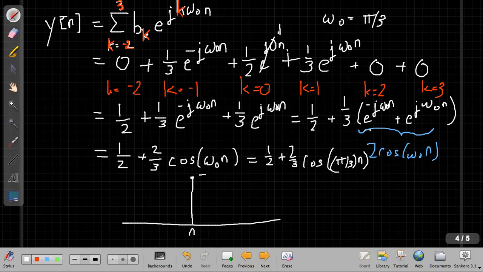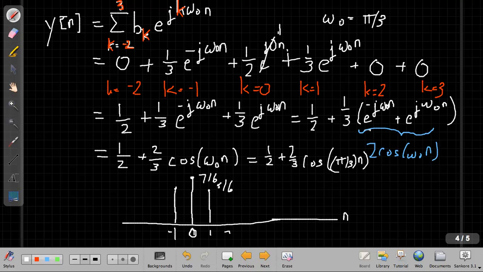This will be 7/6, and then at n equals 1, it'll be just down a little bit from that, it'll be 5/6. And the same thing at -1. This is 0, minus 1. This is my n-axis.